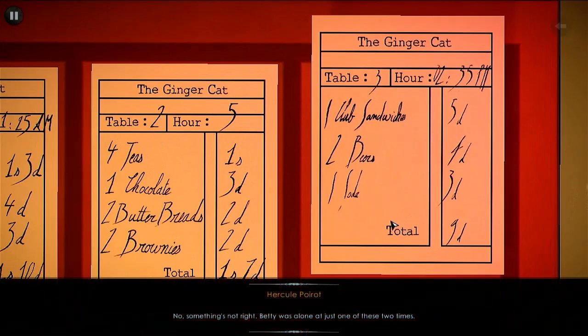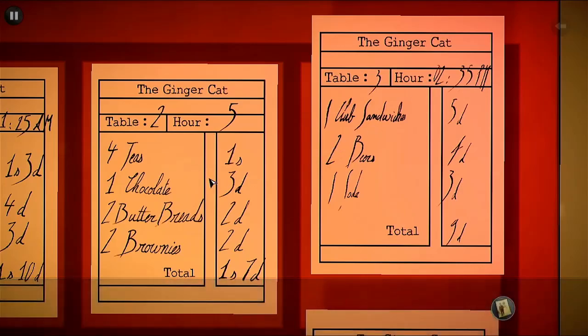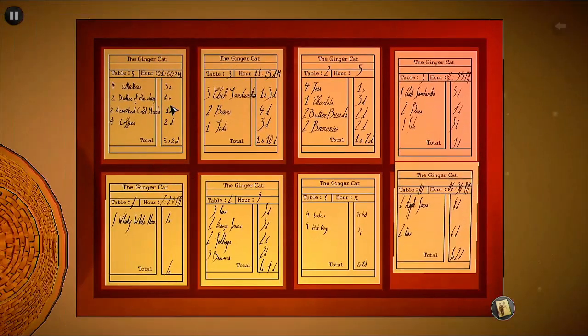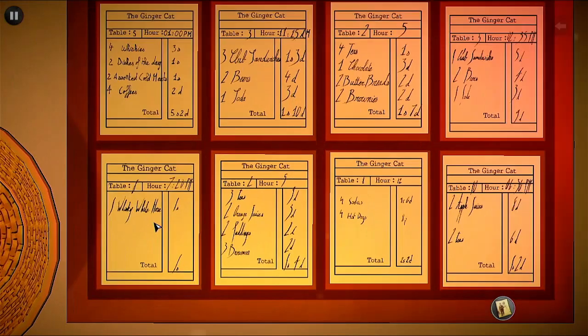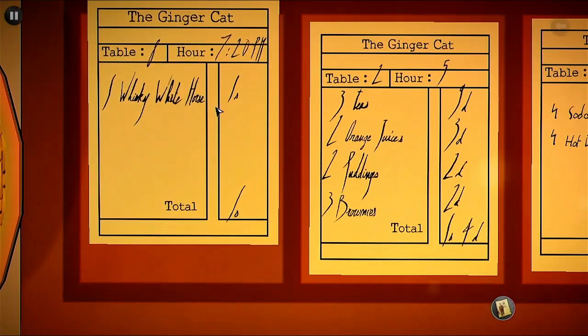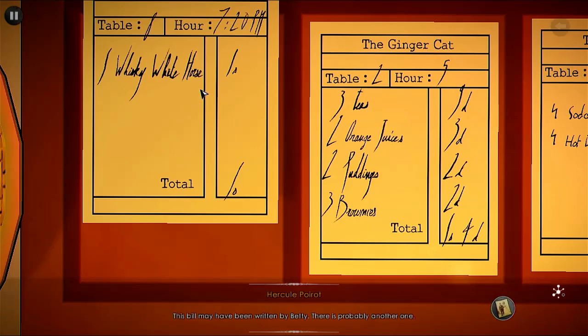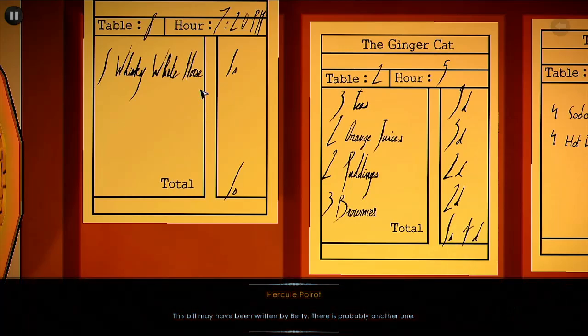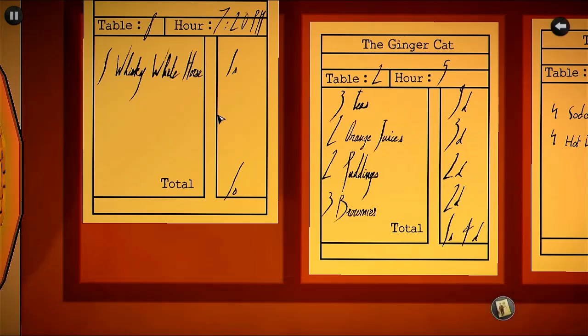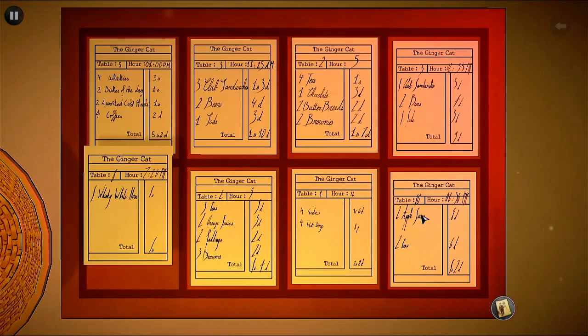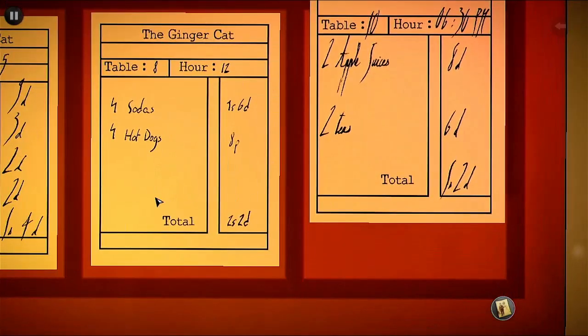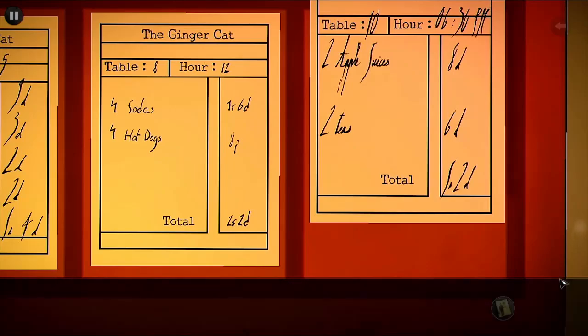No, something's not right. Let's look. Oh, hang on, there we go, 7:20. Most probably a single man. A whiskey lover. Maybe the murderer? This bill may have been written by Betty. There's probably another one. Well, I've got both of them. That one and that one. Most probably a family.